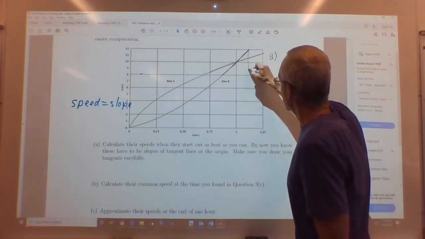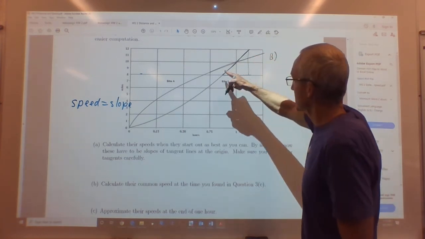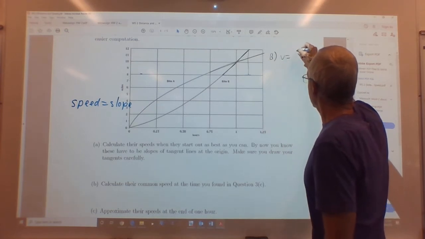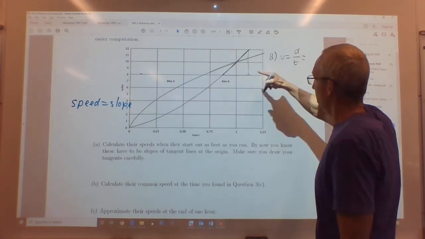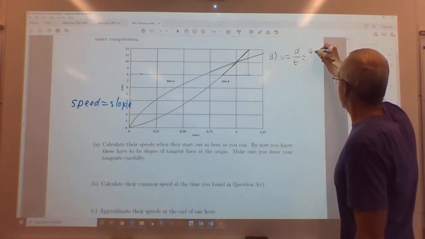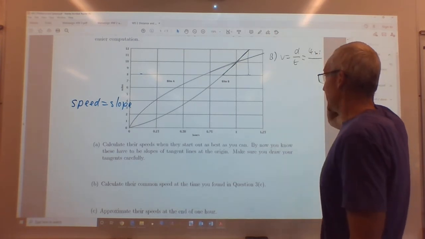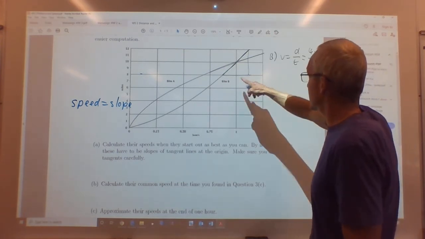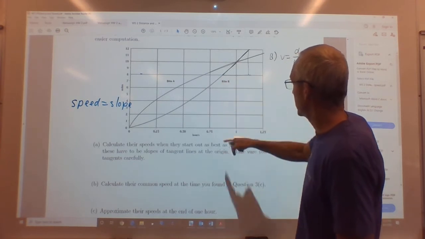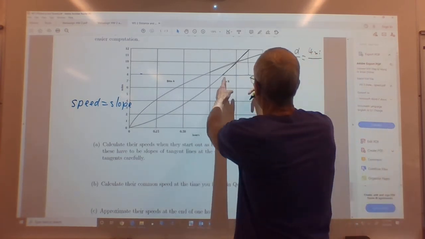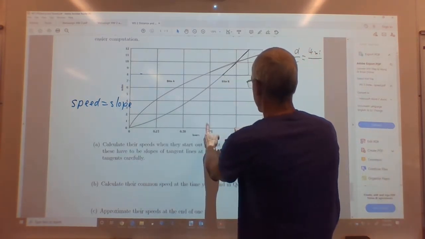So we'll look at this here. So it goes from 8 to 12, so the velocity, again, distance divided by time. 8 to 12 is 4 miles. The time is from right here. Okay, we got to guesstimate here. Actually, it looks like that's about one of these blocks, right?